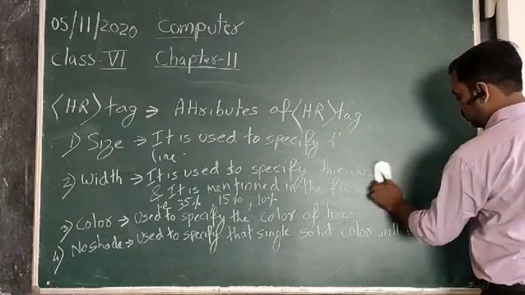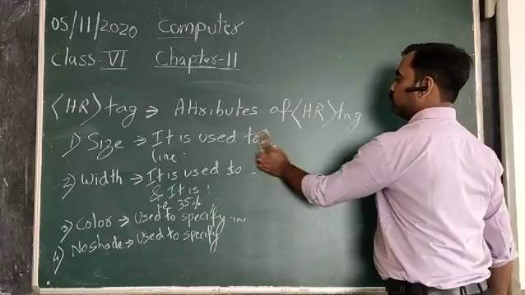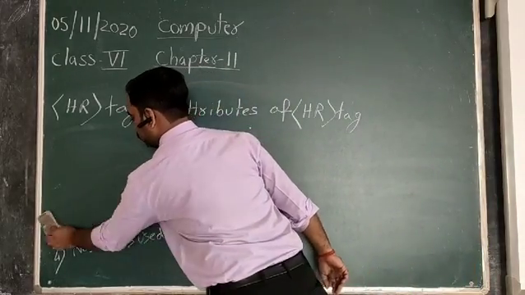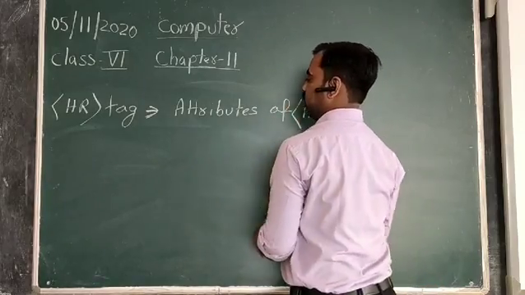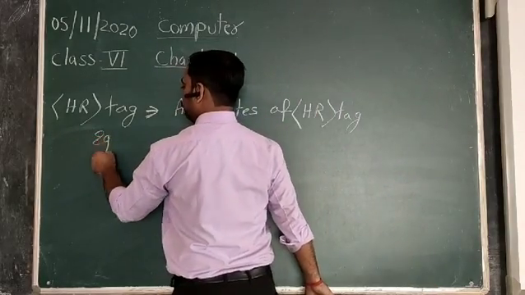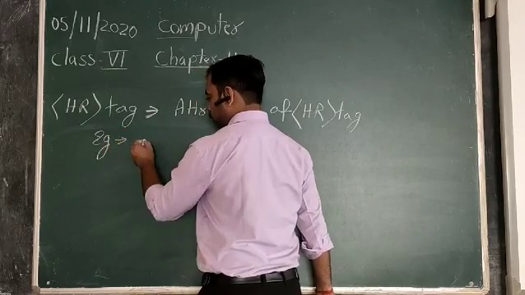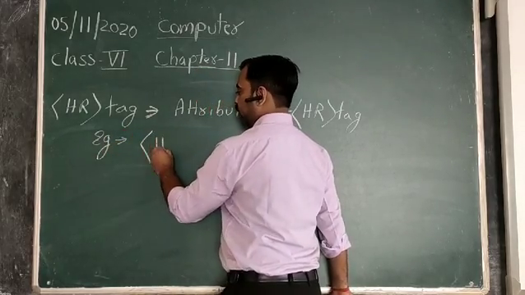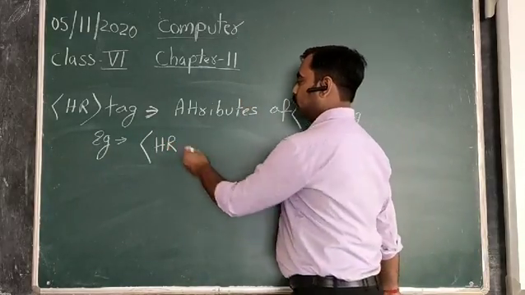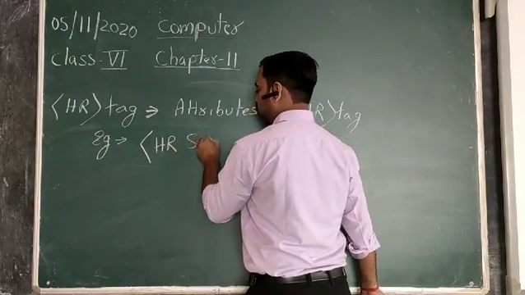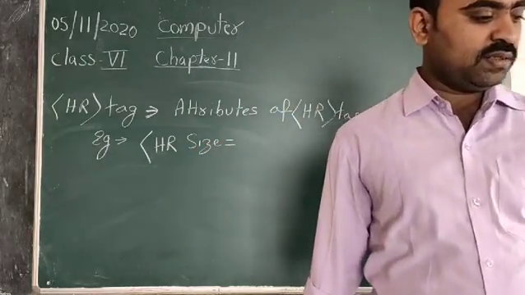Now we can see how to specify the different attributes, or how to use the HR tag. So suppose for example, if you want to use the HR tag in your document, just write down the HR, then space, mention the size.